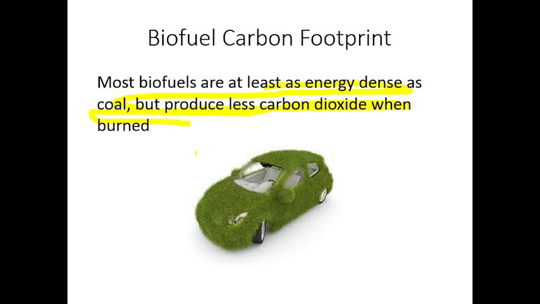Then, classification of biofuels. Depending on the quality and the preparation process, biofuels are classified into three generations. What are the three generations? First generation biofuels consist mainly of sugar, starch, and vegetable oils, including Jatropha and other seeds which contain oil.